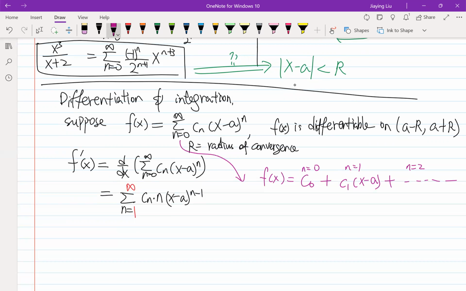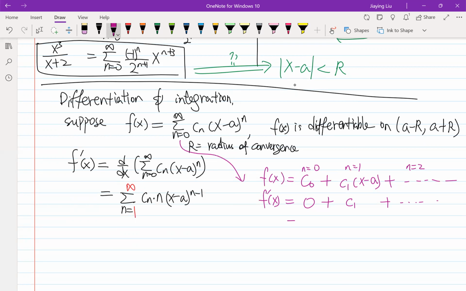If we take the derivative of this expanded form directly, C0 is a constant, so when we take the derivative, that becomes 0. And then the next term is C1, the next term is some expression. But the first term, when n equals 0, gives me 0.